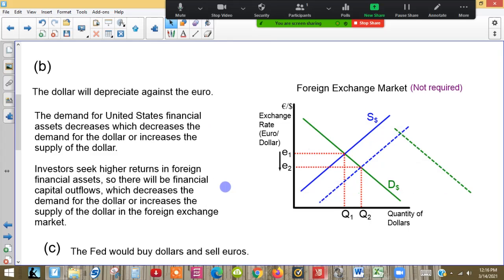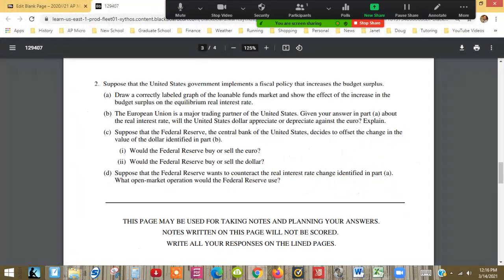Part C. Suppose the Federal Reserve, which is the central bank of the United States, decides to offset the change in the value of the dollar identified in Part B. Would the Federal Reserve buy or sell the euro? Would the Federal Reserve buy or sell the dollar?